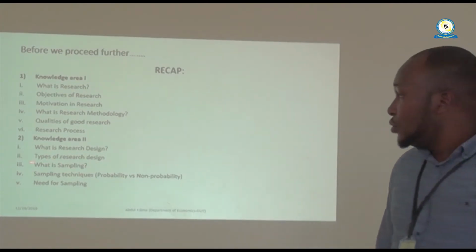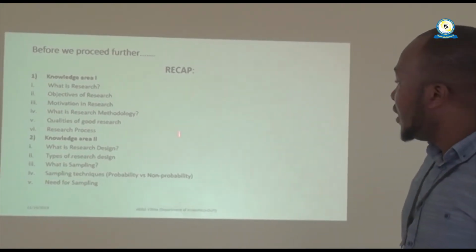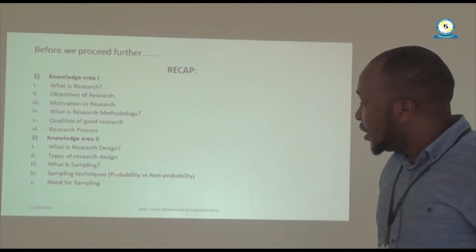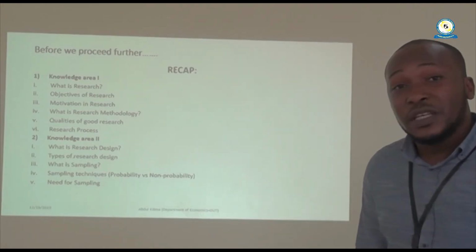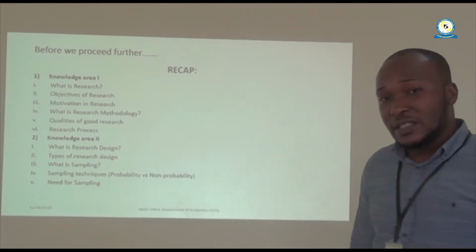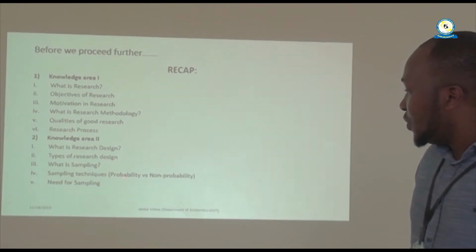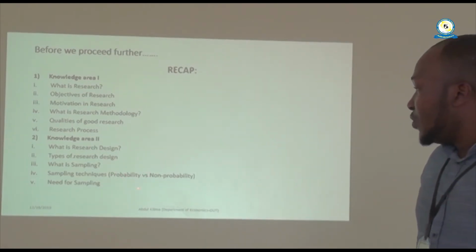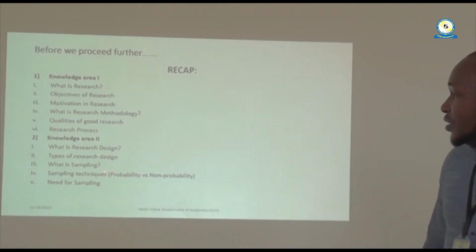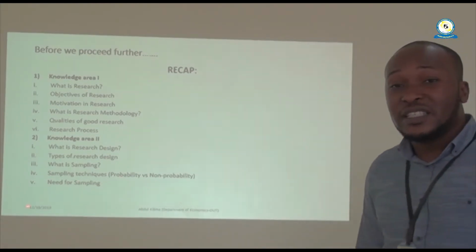Then we went on to sampling techniques. We said we have probability and non-probability sampling. In probability sampling, everyone has an equal chance of being selected to participate in the research. Non-probability is the opposite of probability sampling. In probability sampling, we looked at simple random sampling, where everyone has a chance of being selected and people are selected randomly.